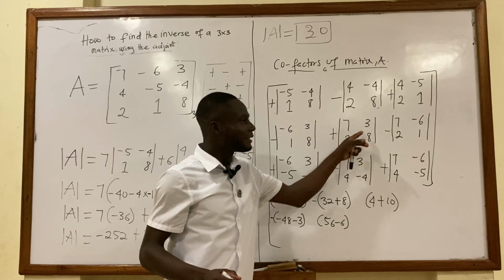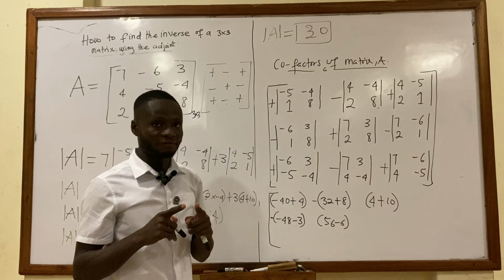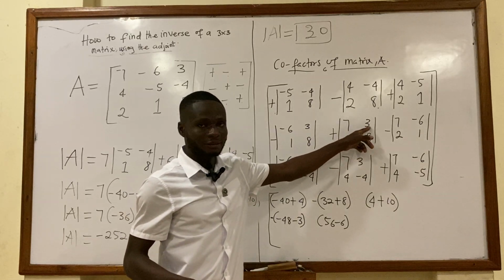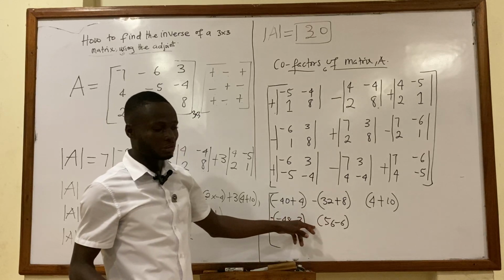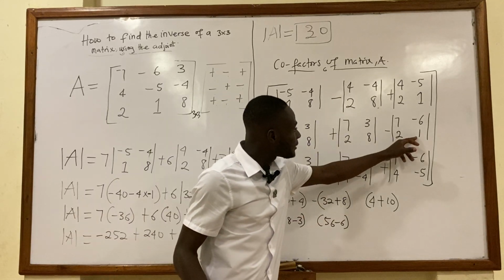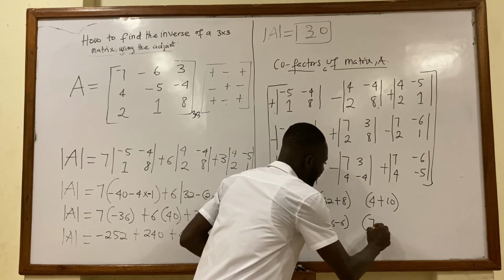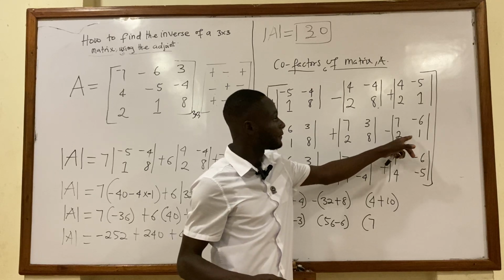But then this diagonal, when you multiply it, is affected by a negative, right? So we have 56 minus 6, and that is what we have here. But the sign over here is already positive, so we don't have any problem with that. Good. So this times this as well will give us 7, because 1 times 7 is 7.